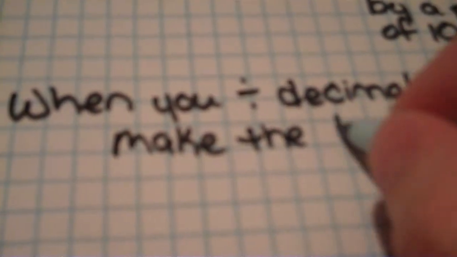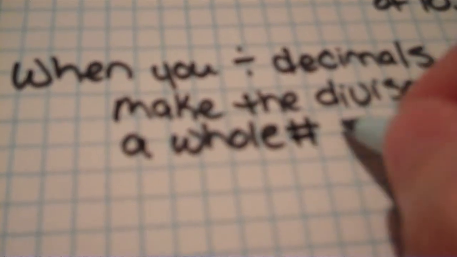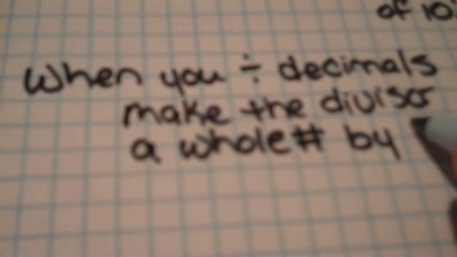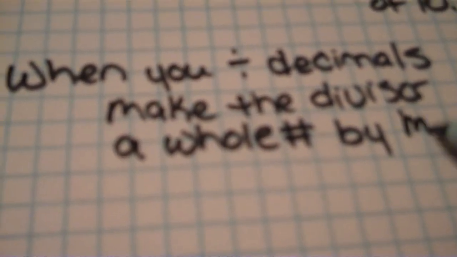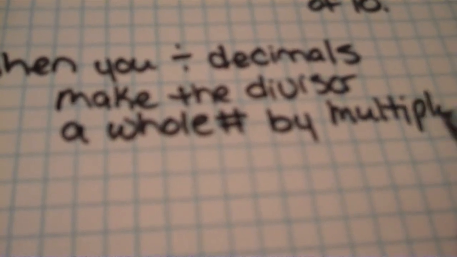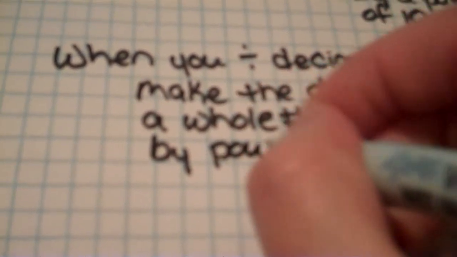When you divide a decimal by a decimal, make the divisor a whole number by multiplying by powers of 10.